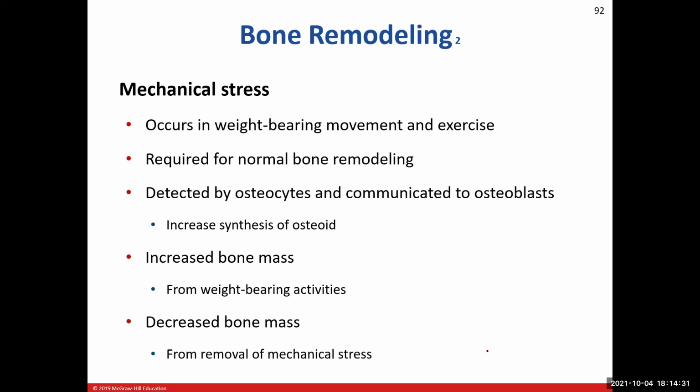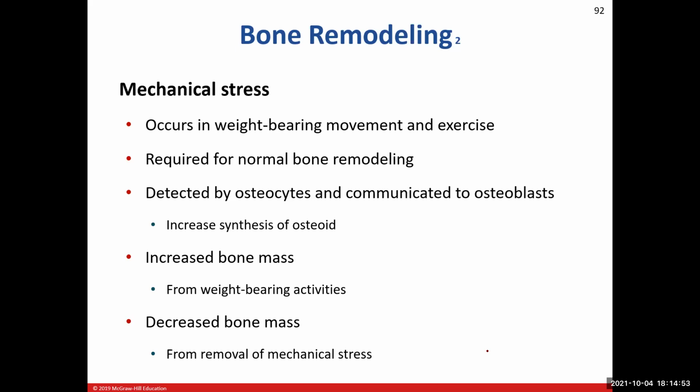Besides the possibility of dietary changes, the doctor will tell the patient you need to increase weight-bearing activity. Usually the doctor will say, go for a walk if you can.